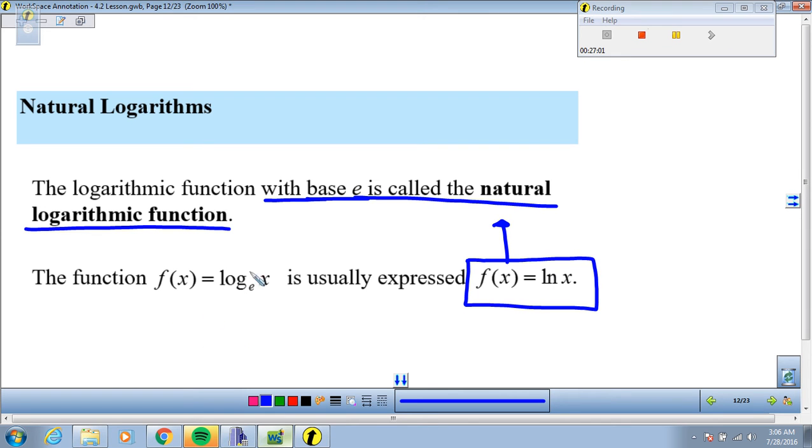So the logarithmic function with base e is usually expressed in this form. So when the base here is an e, that's when we're going to be talking about natural logarithms. But we're never going to see the logarithms written with the base e in this form. Usually natural logarithms are just written in this form that I put in the box. So that's all you need to know.